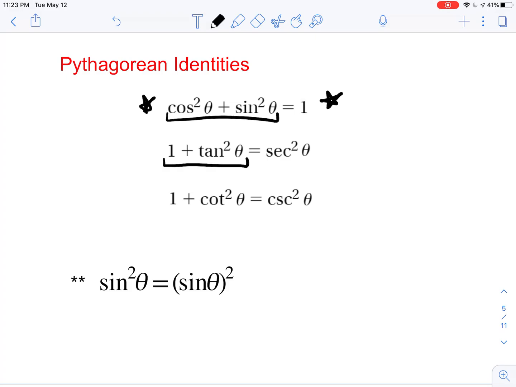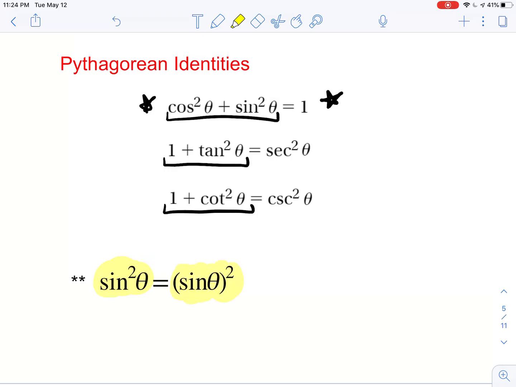So what can we do with these? Well, anytime I see cosine squared plus sine squared, I can substitute a 1 or vice versa. Anytime I see 1 plus tan squared, I can substitute in a secant squared. Anytime I see a 1 plus cotangent squared, I can substitute a cosecant squared. Again, one side is a little bit simpler than the other, so we're going to be using that to our advantage.